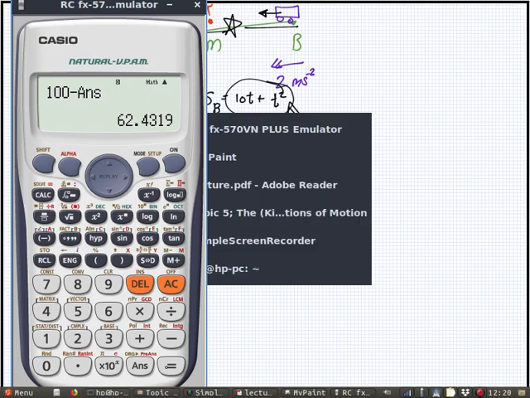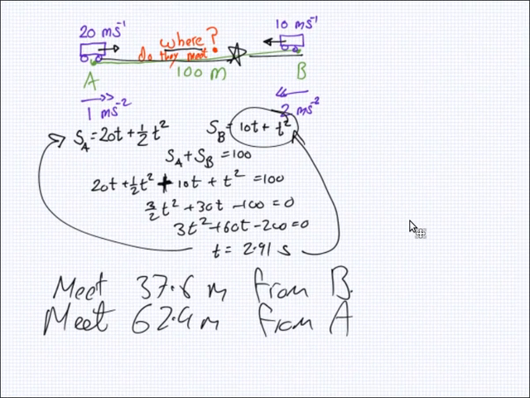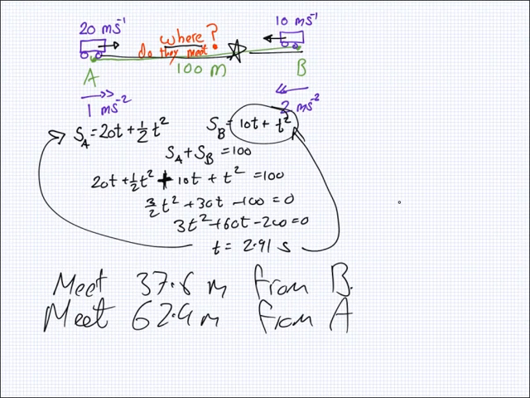You could also say 62.4 meters from A. Okay. I think you might need to write that down unless some of you got it.